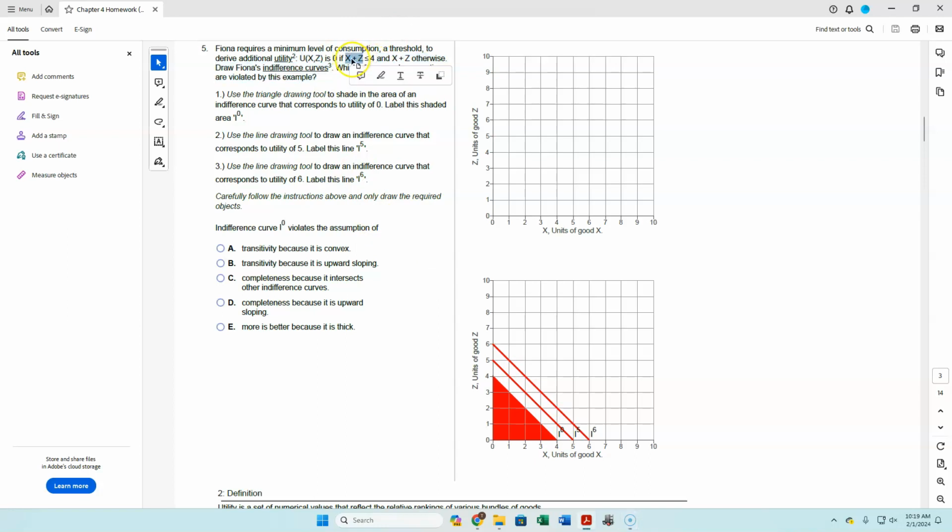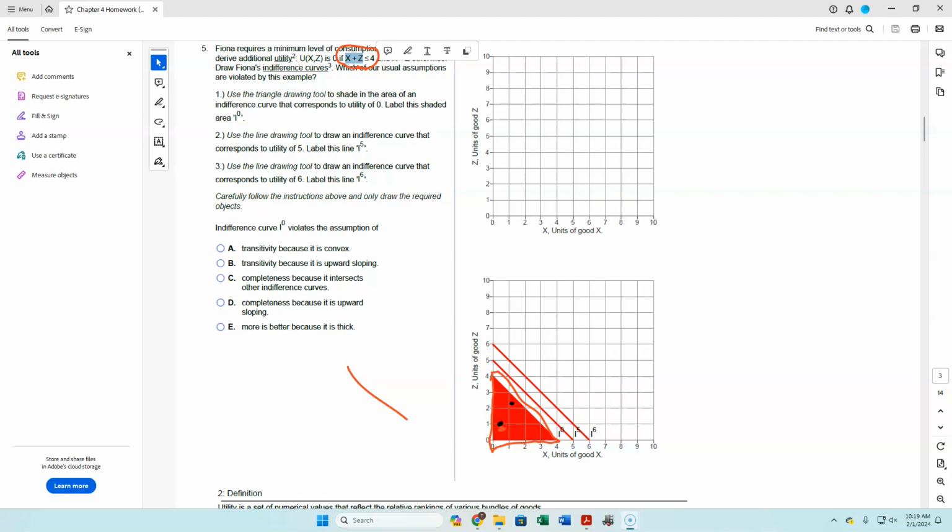Well, the problem that we have here is implied by this equation. If we're told that x plus z is less than or equal to 4, that gives us this entire triangle here as the actual indifference curve. Well, the problem with that indifference curve is that you're implying that something in the interior here is the same as something there.